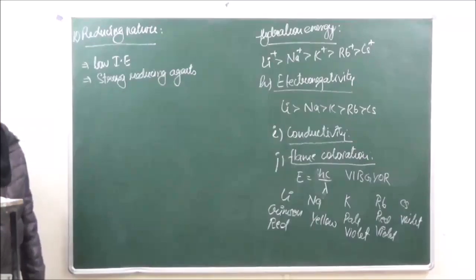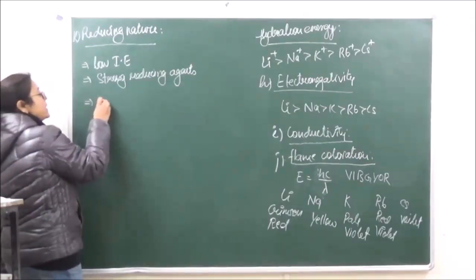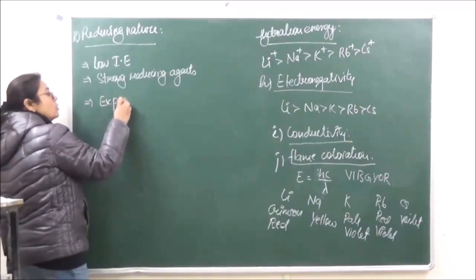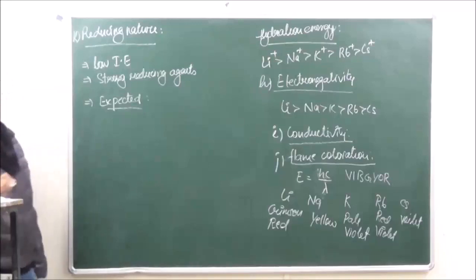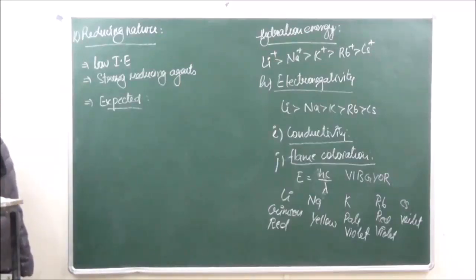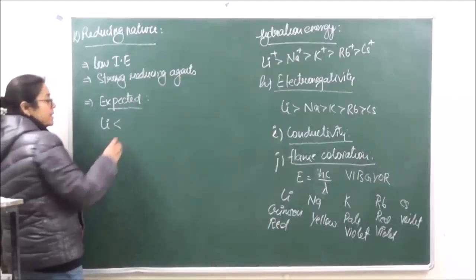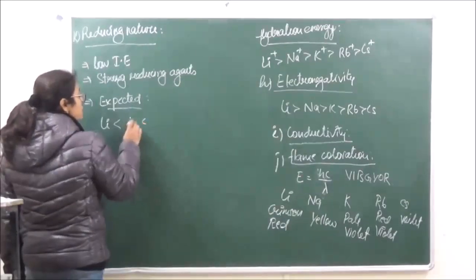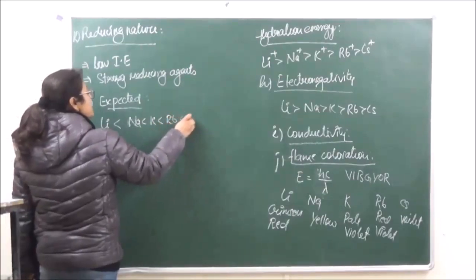All of them are going to behave as strong reducing agents. If we are looking at the expected order depending upon the ionization energy, lower the ionization energy, better is the reducing character. So expected, depending upon the ionization energy, lithium should be, then sodium, then potassium, then rubidium, then cesium.